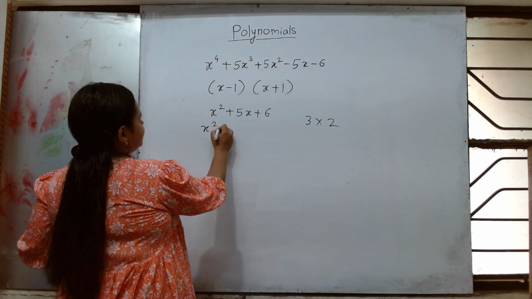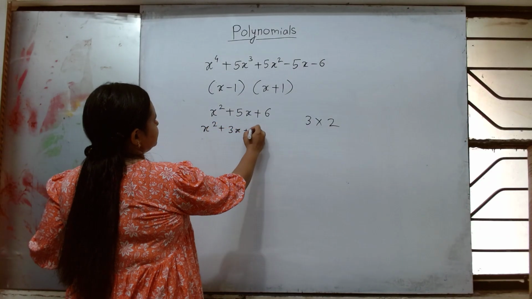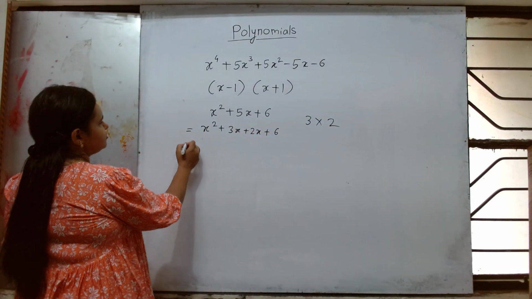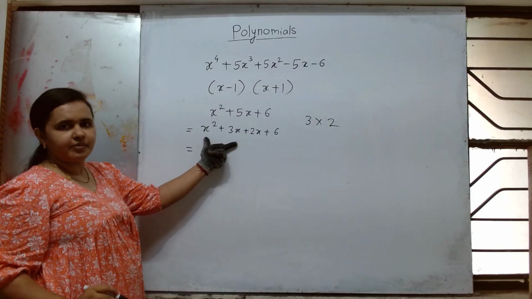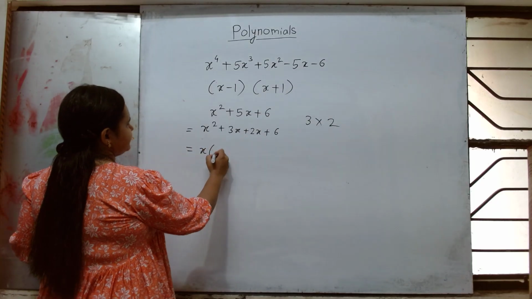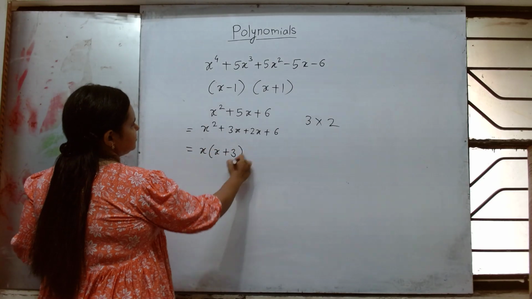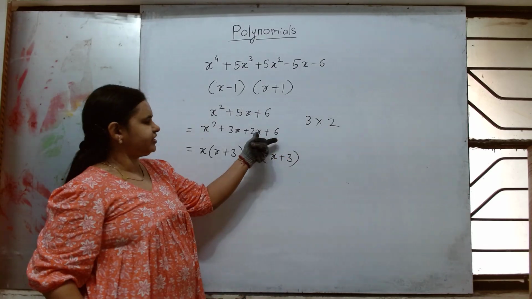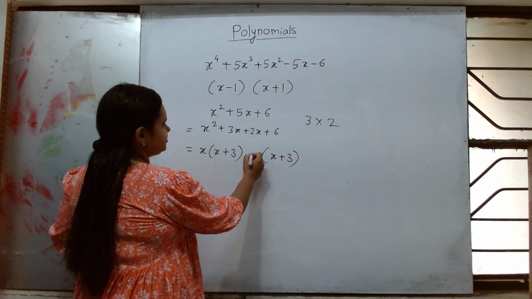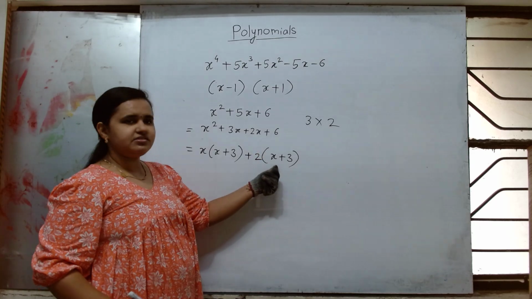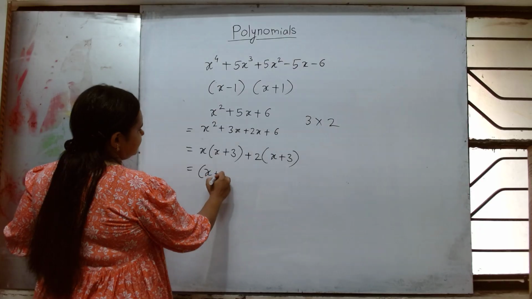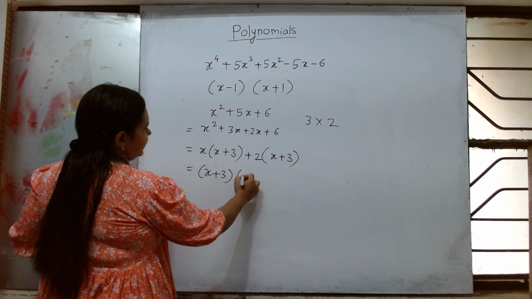So it will be x square plus 3x plus 2x plus 6. So further, if we take x common from this, it will be x plus 3. Again same bracket x plus 3. Now what is common from this? It is plus 2. 2x plus 6. Okay. Now factors we get are x plus 3 and x plus 2.